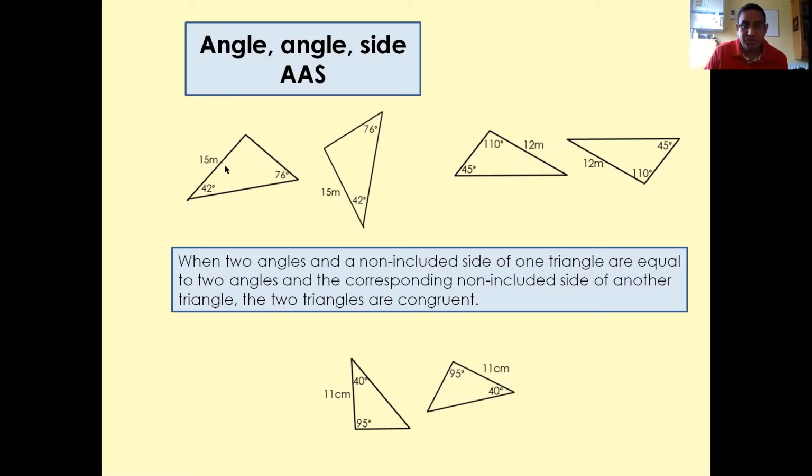Do not confuse yourself with the ASA rule, which we have just done a minute ago. If the included side is equal, in the exam you're going to write ASA. And if it's the non-included side, then you're going to write AAS.